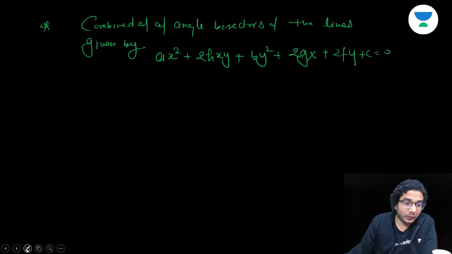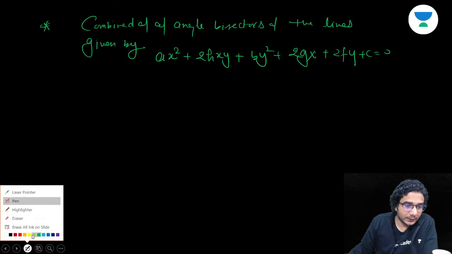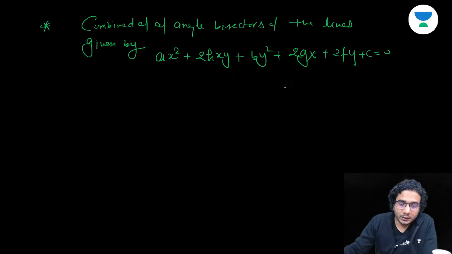So we need to write the combined equation of the angle bisectors. Think about it. It's easy. Again, we are going to use those parallel lines through the origin. We know the angle bisectors of those, right?